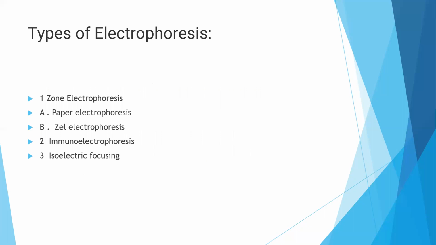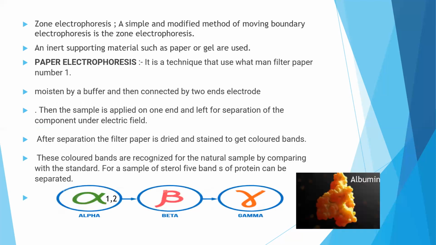The first one is zone electrophoresis, the second is immunoelectrophoresis, and the third is isoelectric focusing. Zone electrophoresis means two types of material can be used, paper or gel.